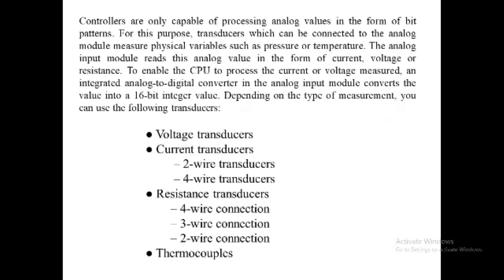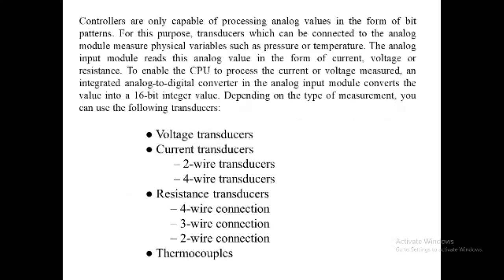Transducers are also introduced here, because the controllers are only capable of processing analog values in the form of a bit pattern. For this purpose, the transducer, which can be connected to the analog module, measures physical variables such as pressure or temperature.